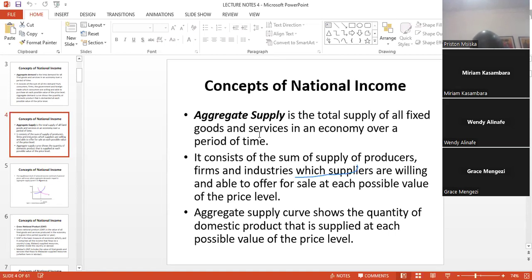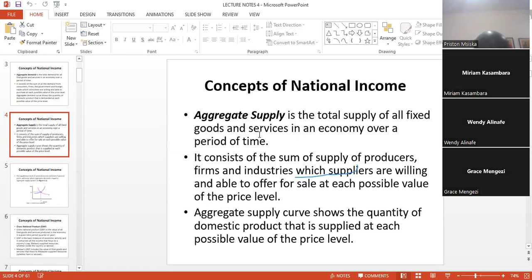So aggregate supply or aggregate production is referred to as gross national product, for example, or sometimes referred to as gross domestic product, meaning what has Malawi produced, for example. So we will have it as gross national product or gross domestic product.